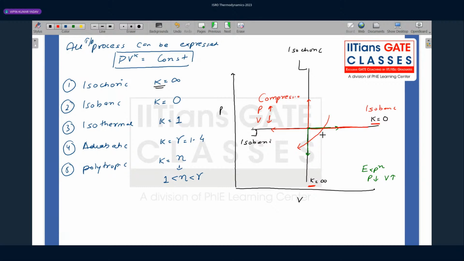So K equals 1 is isothermal, and K equals 1.4 is adiabatic. That means isothermal you have to draw near K equals 0, so K equals 1 will be near to K equals 0. And K equals 1.4 is gamma, adiabatic. So this is your isothermal.